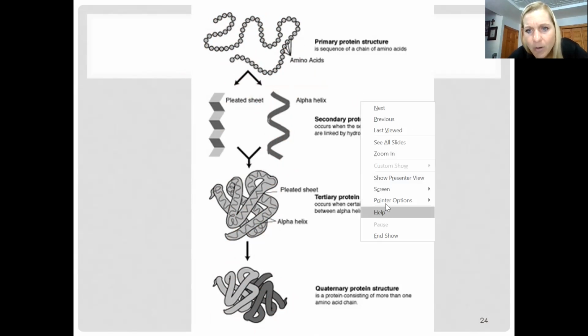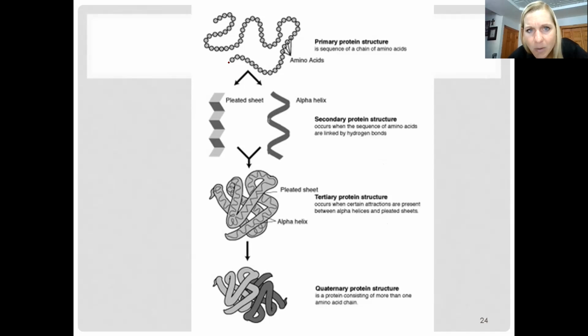Those proteases and peptidases that we talked about on the previous slide are going to snip off little subsections. So now I've got this little section, maybe this little section, maybe this one goes like this, and so on and so forth.